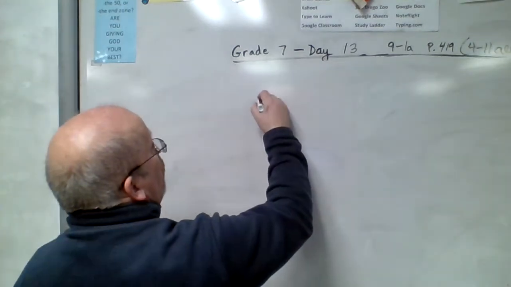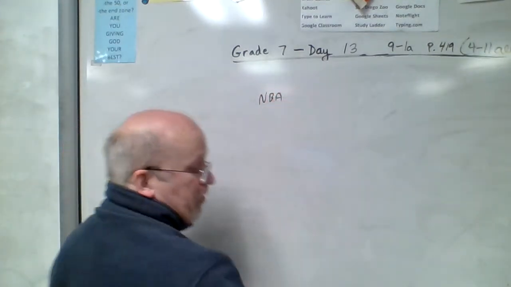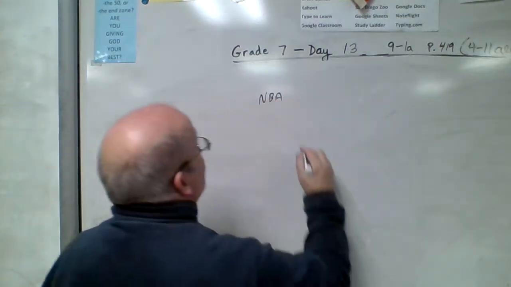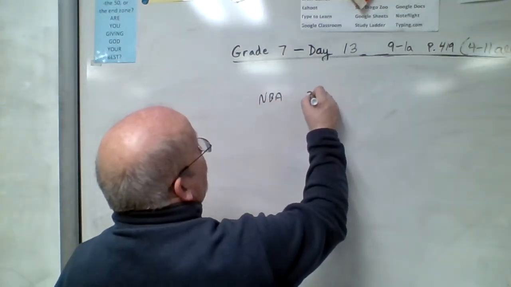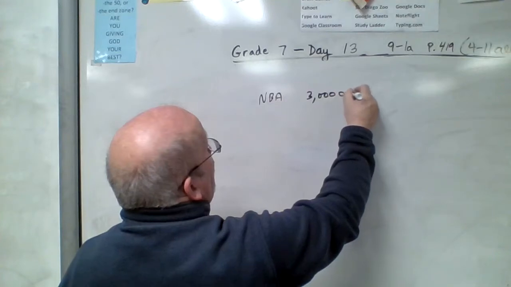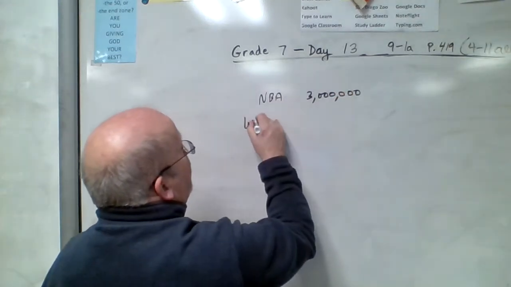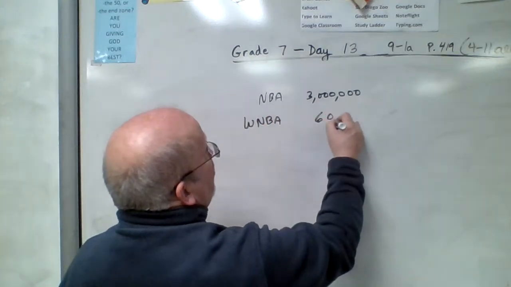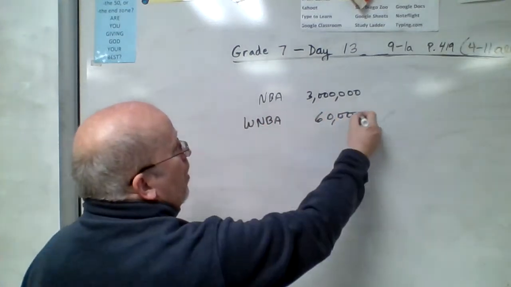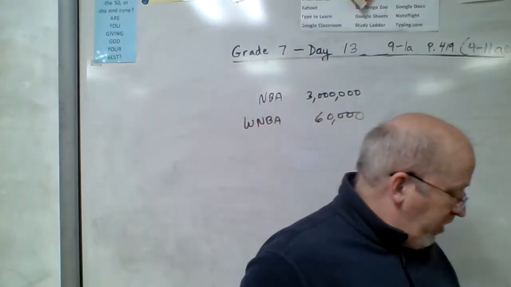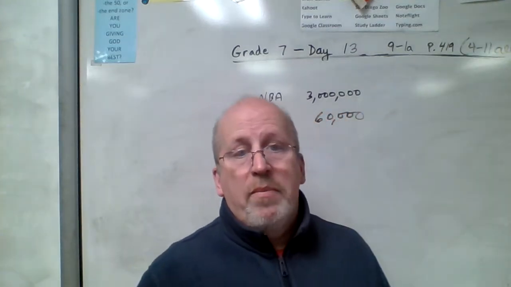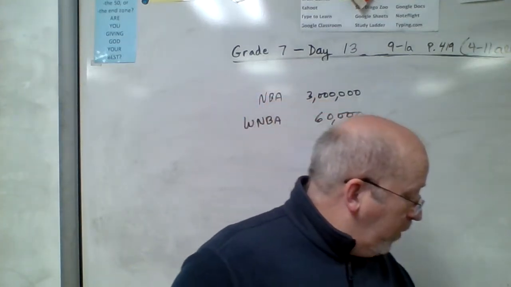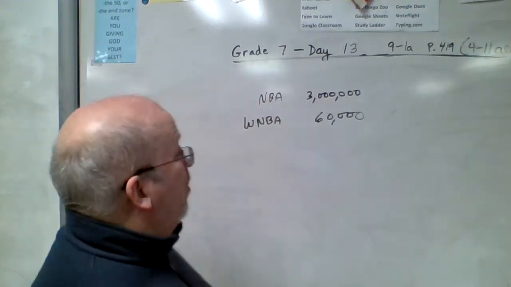What if I told you that the NBA players had a salary of $3 million, and the WNBA players were having a salary of $60,000? And I said to you, what percent is the WNBA player's salary compared to the NBA player's salary?